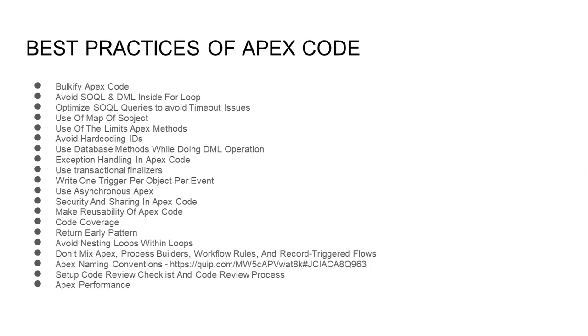Second, for some scenarios, like when you have a duplicate rule but want to bypass it for a specific source, for example when data is being inserted through the API, you can handle those scenarios using DML options. With the regular insert or update statement you won't be able to do those things, but with the database methods, Database.insert or Database.update, you are able to do them.